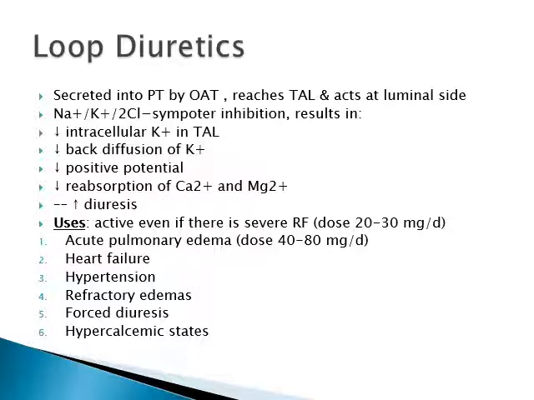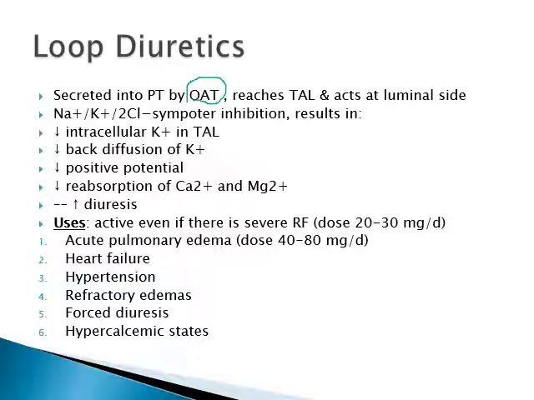There are transporters present in the proximal convoluted tubule, for acidic substances and basic substances, and loop diuretics are weakly acidic drugs. So they will use the acidic transporter called the organic anion transporter, which is present in the proximal tubule, and through this transporter they will get secreted into the proximal tubule.